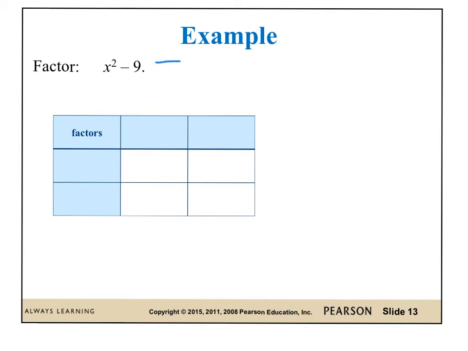The thing is, with this one, this is actually the same as saying x squared plus or minus 0x minus 9. And the 0x comes from two terms that added up to 0.